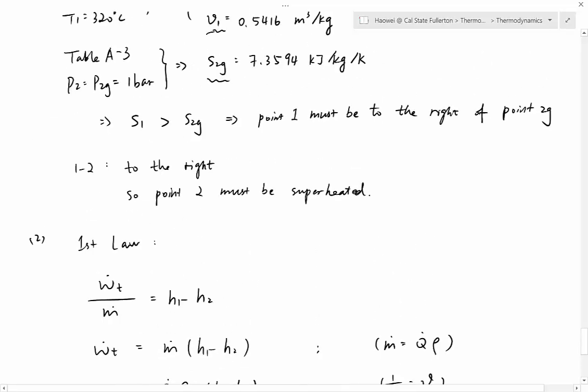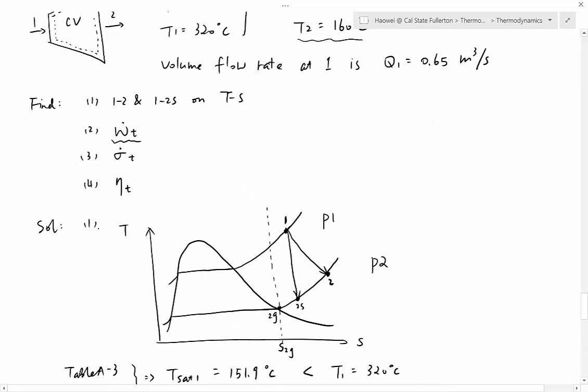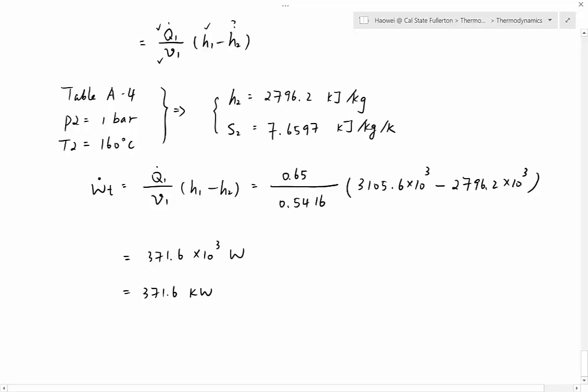Okay, so now we're done with part 1 and part 2. Let's move on to part 3. Part 3 is to look for the entropy production rate for this turbine, sigma dot with the subscript T, meaning turbine. Which equation actually has sigma dot in it?